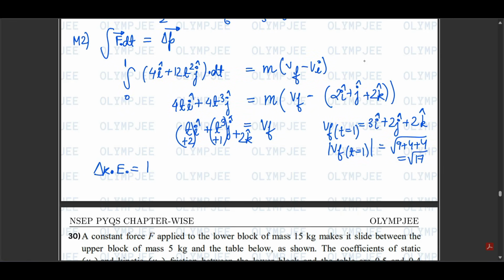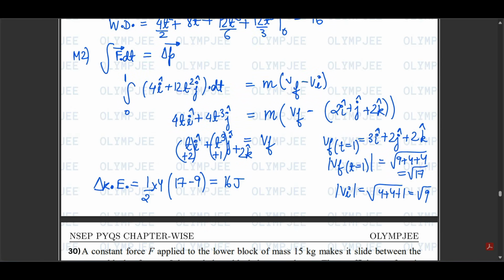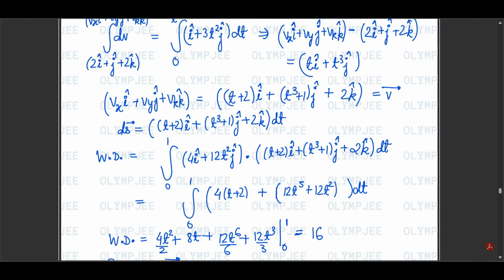And the modulus of v initial was root of 4 plus 4 plus 1, which is root 9. So change in kinetic energy would be half into 4 into (v final square, which is 17, minus v initial square, which is 9). So from here also you will get that 16 joule is the answer, because the change in kinetic energy would be the work done. So 16 joule is the correct answer.